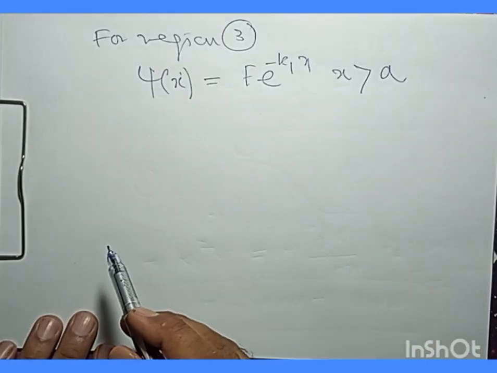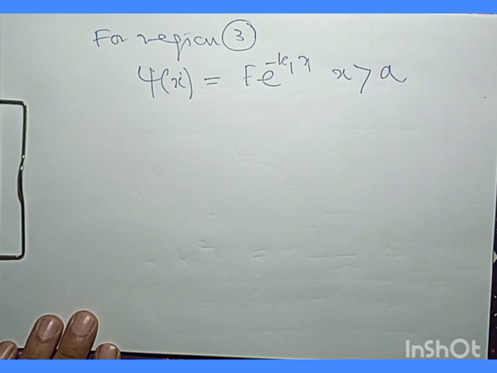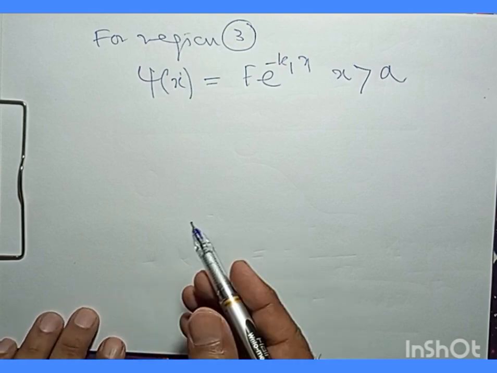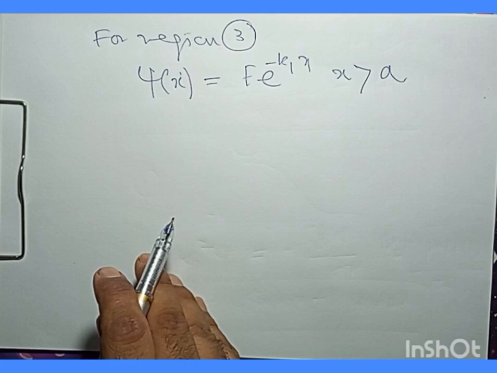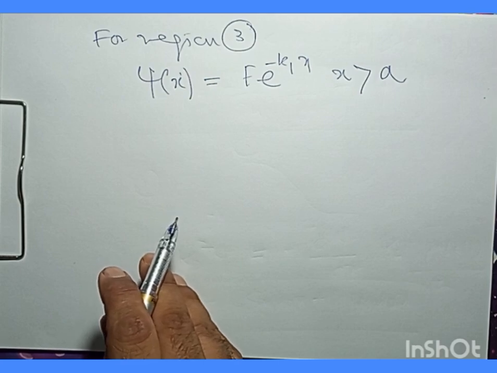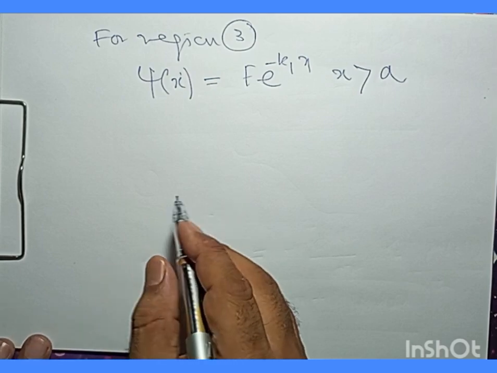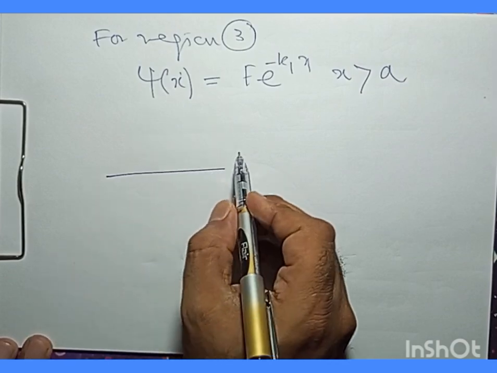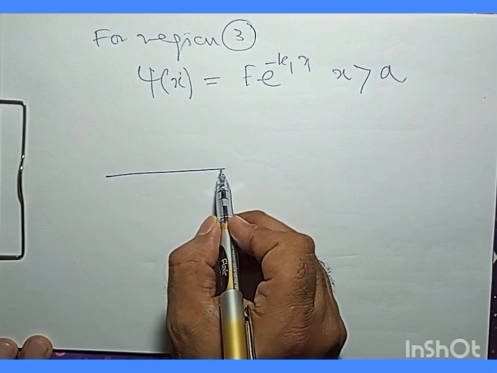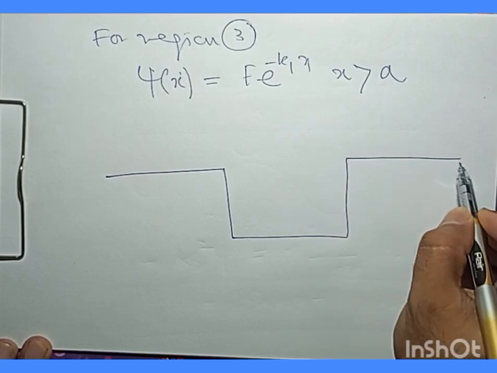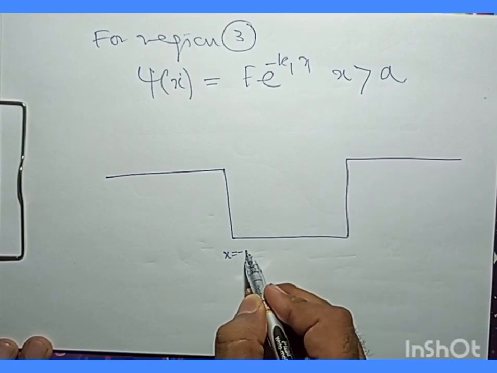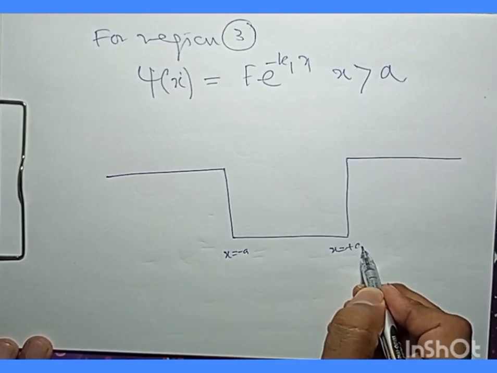So what is important now is that we have to impose the boundary conditions, and the boundary conditions are quite evident. Again I would like to draw this potential well, and this is at x equal to minus a, this is at x equal to plus a.